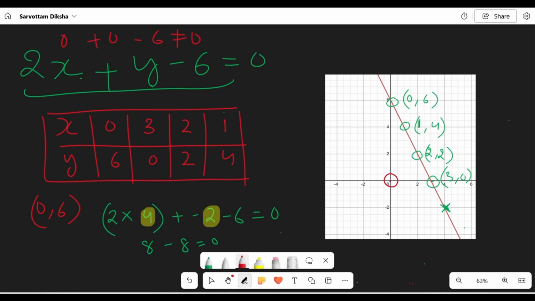Any point which doesn't satisfy this equation can't lie on this line, and any solution which satisfies the equation has to lie on the graph for sure. So we realized one equation can have multiple solutions. Basically, every linear equation in two variables has infinite solutions.